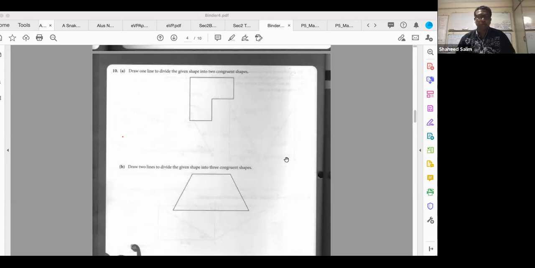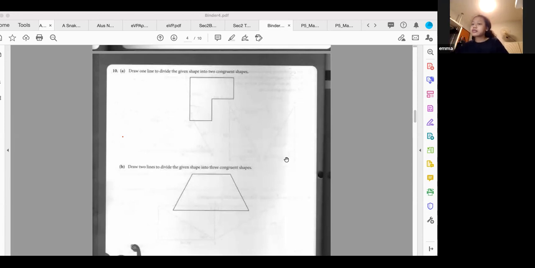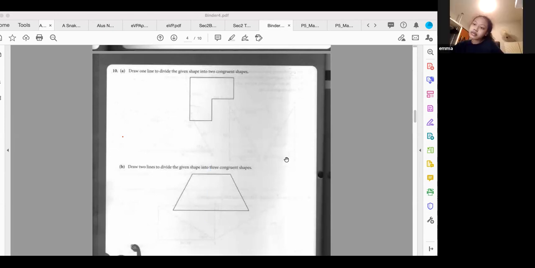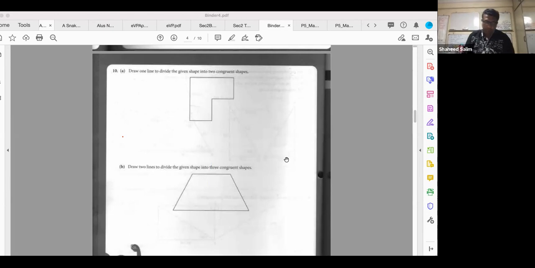So this one you need to use a ruler. But they want 3 congruent shapes, not 2. So that is 2. They want 3.